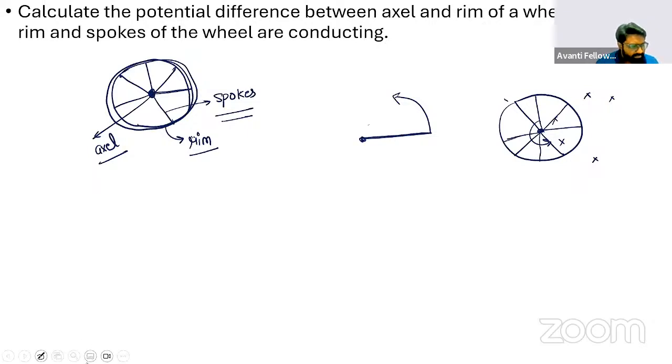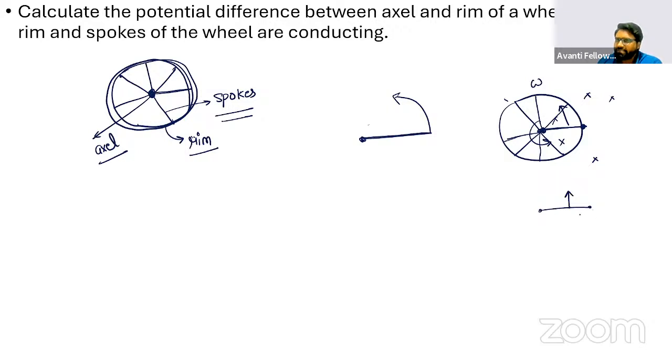So if you see in this case, pick any particular spoke. This spoke is rotating with some certain velocity, with the same velocity with which the wheel rotates about the axis of rotation, let's say omega. A single spoke is a small cylindrical rod moving with certain velocity.